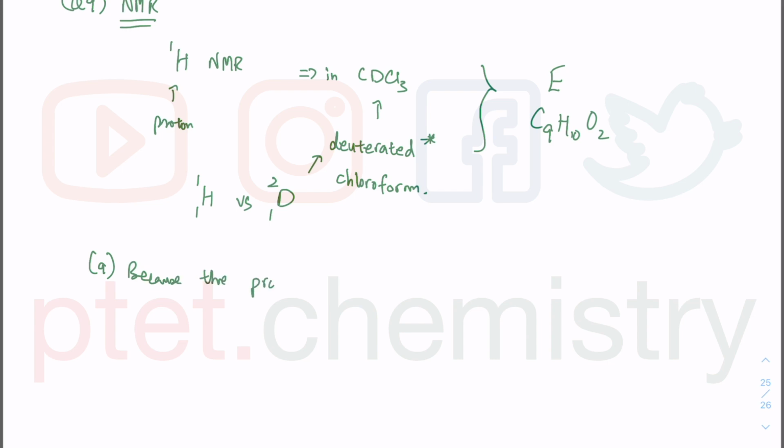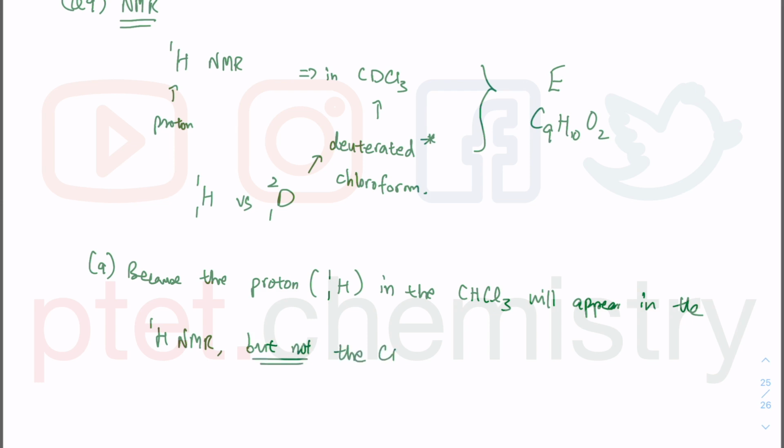The proton, meaning 1H, just hydrogen 1, we pronounce it as hydrogen 1, of the protons in the CHCl3 will appear in the proton NMR, but not the CDCl3, which does not contain protons.